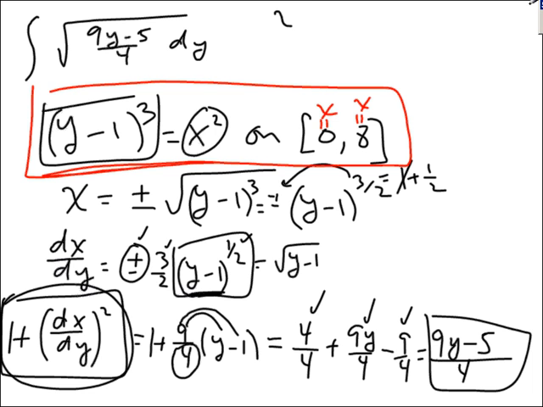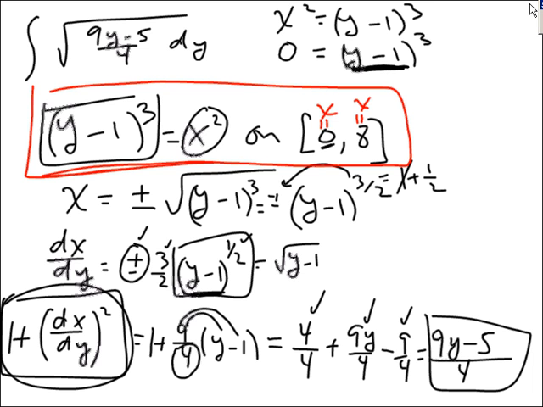We know that x squared is y minus 1 cubed. When x is 0, 0 squared is 0. Well, what do you cube to get 0? 0. This must be 0. That happens only when y is 1. So instead of the lower limit being 0, it's going to be 1. Okay, now 8.